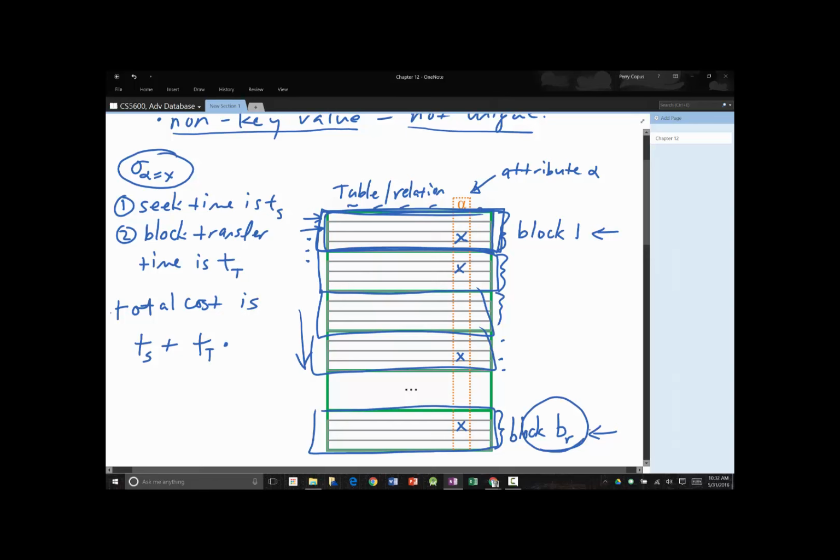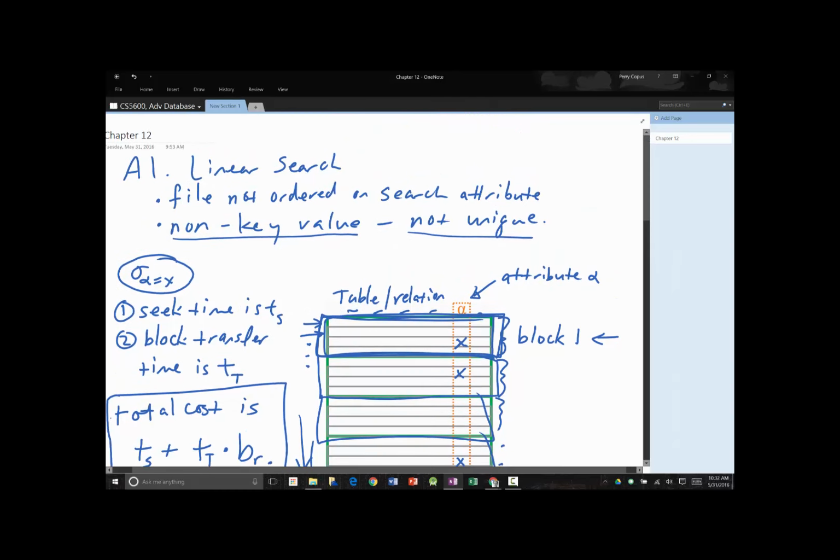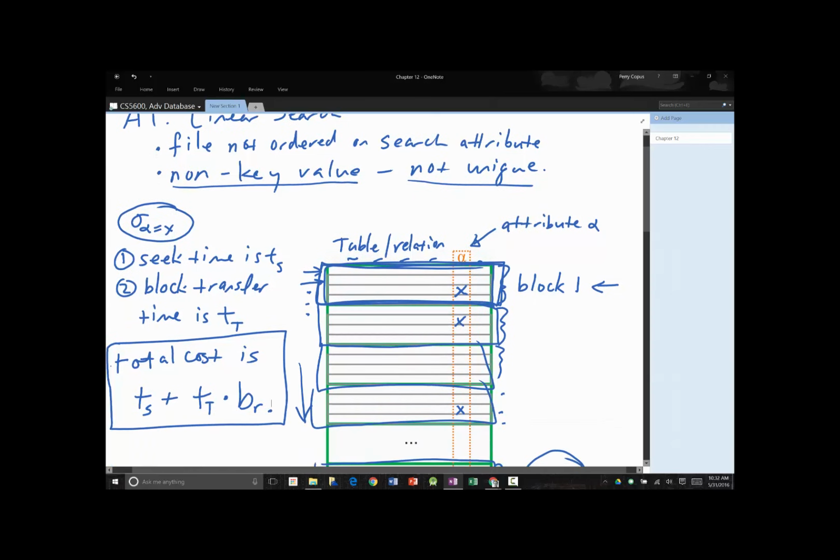And remember, that's b sub r times b sub r. That's the total cost for this case. What was the case? This is A1 linear search. The file is not ordered on the search attribute. We have a non-key value. In other words, they're not unique.